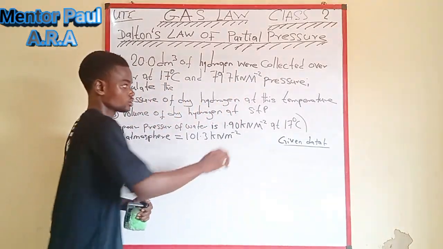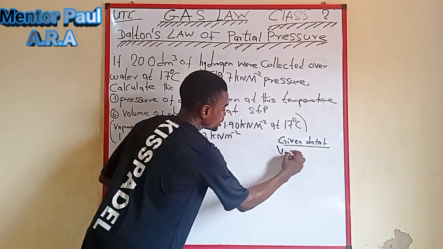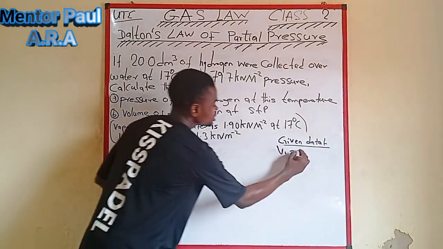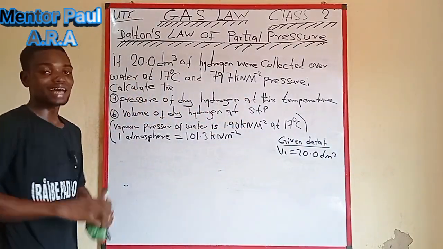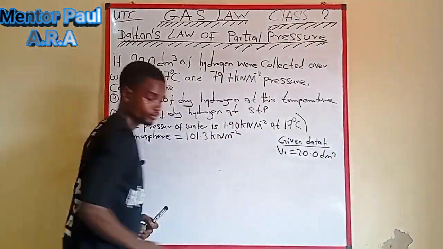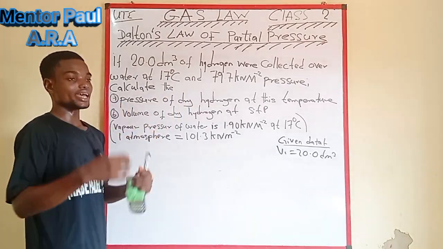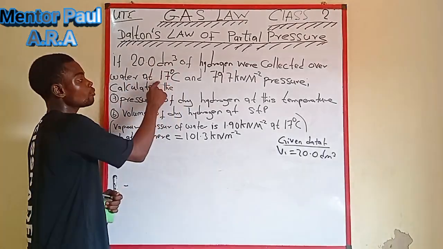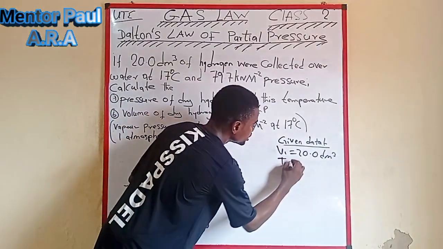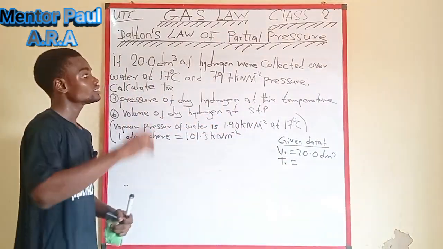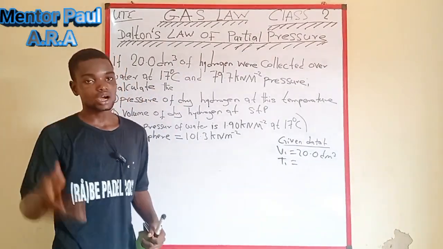At the stage that is not STP, we have that the volume V is equal to 20.0 dm³. At that stage, that's not STP, that is when it was collected over water. At that same state, the temperature was 17 degrees Celsius, so that T1 is equal to 17 degrees Celsius. Now you convert this to Kelvin scale.